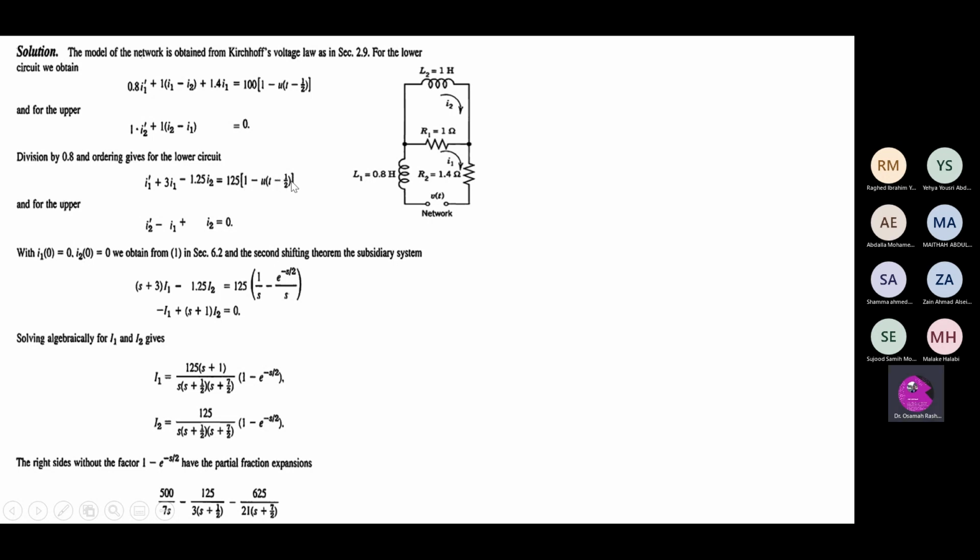Yes, this is the new stuff we got here today. The Laplace for the unit step function at t minus a is e to the minus as over s. So a is half, so e to the minus s times half over s.